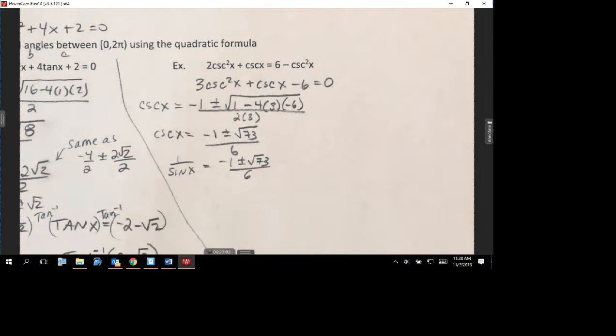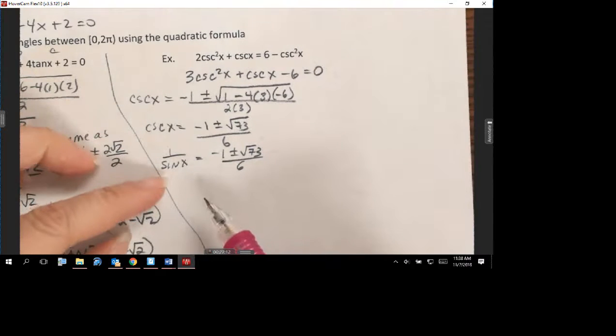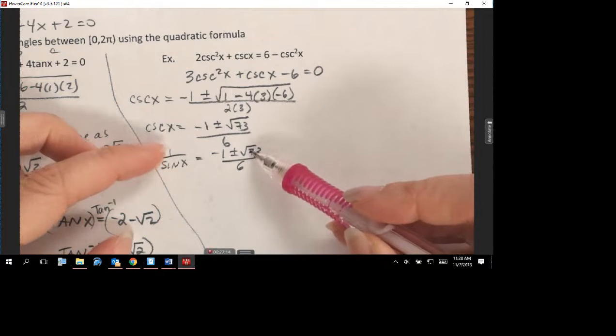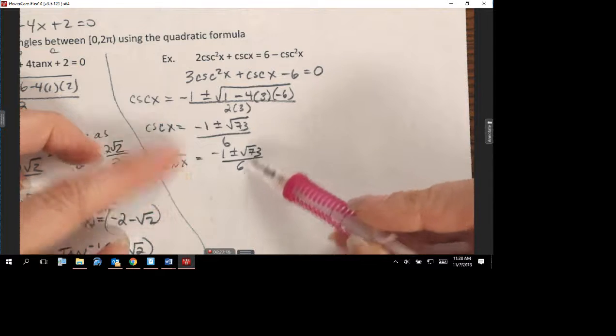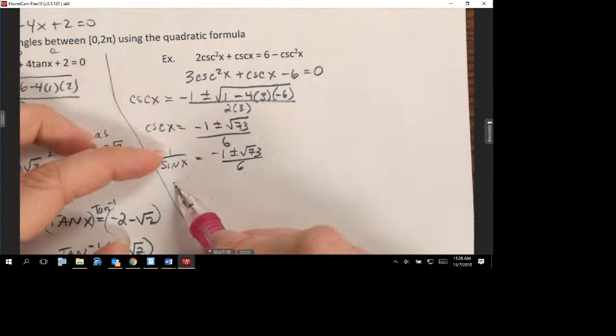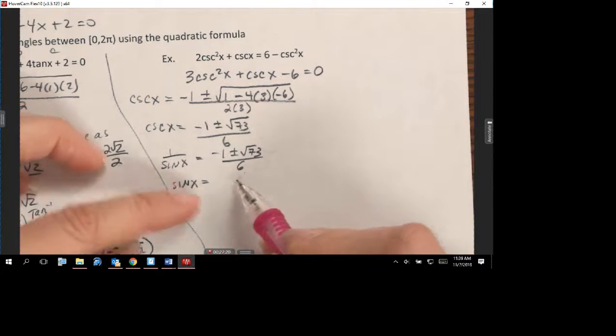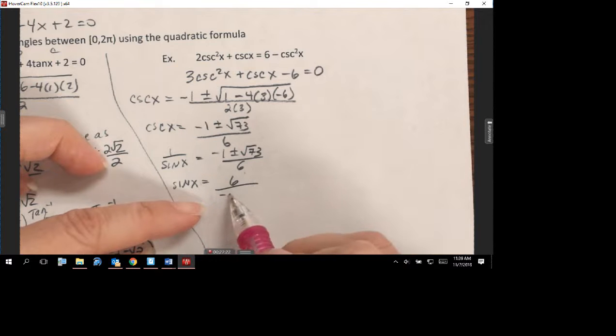And then you say, where is my 1 over sine inverse button on the calculator? There isn't one, so you can't use 1 over sine. What you have to do is reciprocate both sides. So now we have sine x equals 6 over -1 plus or minus square root 73.